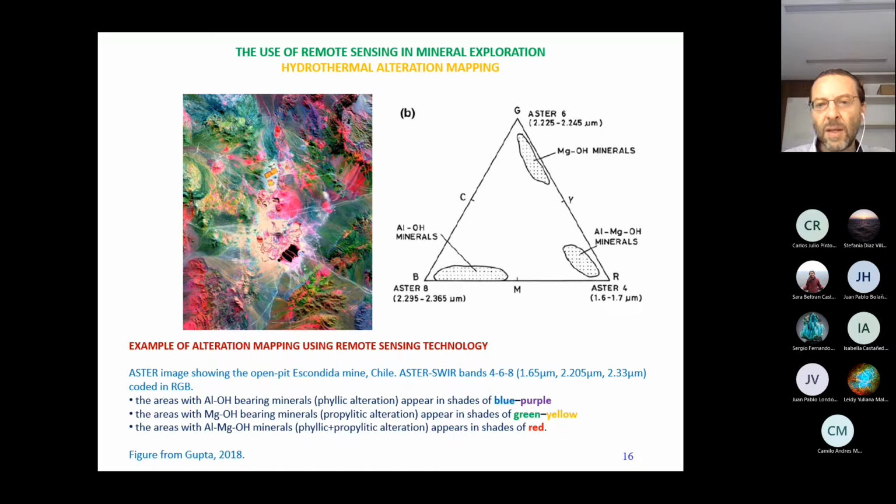So you see basically the different types of minerals in this triangle, in this diagram, and the colors, how they associate with these different types of minerals, and they reflect a certain type of alteration. So obviously, you see the blue, purple, and the shades of red might be of interest, not the ones of green and yellow. So the green and yellow, as you can see, is more or less here outside, and the mine is here in the inner part of the system. So that's basically what this reflects.